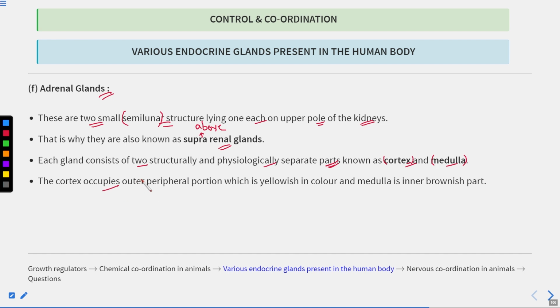The adrenal cortex occupies the outer peripheral portion and is yellowish in color, while the medulla is the inner brownish part.